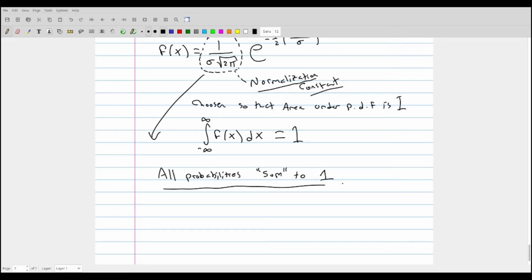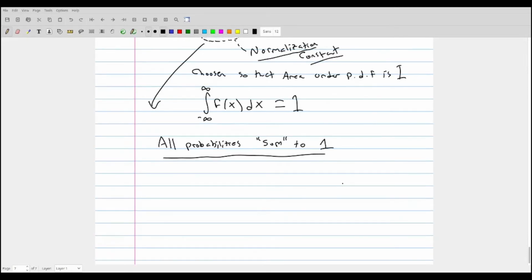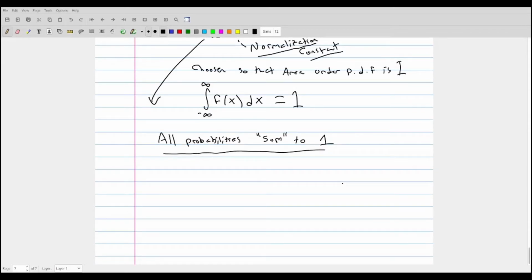Now, a deeper discussion of this is definitely had in a probability and statistics course, but for us, we're just going to take the fact that we want this integral to be 1 and see exactly how to ensure this. We'll do this by considering just what's called the standard normal distribution.